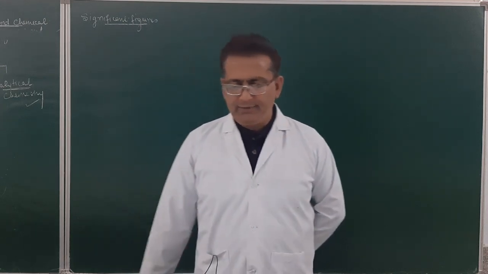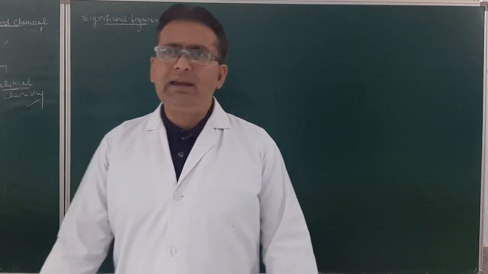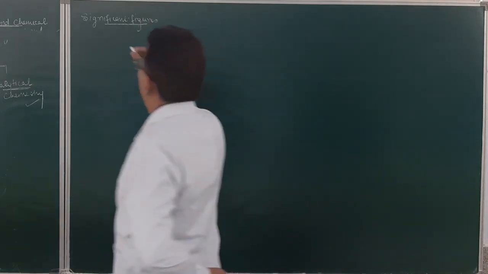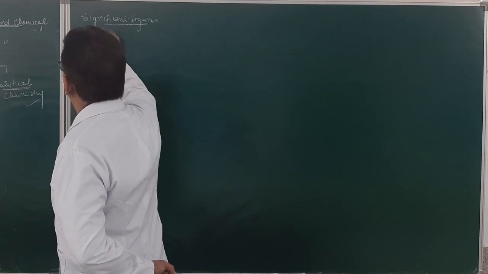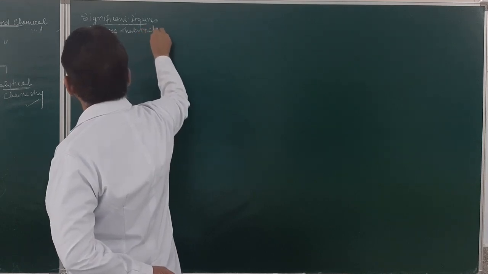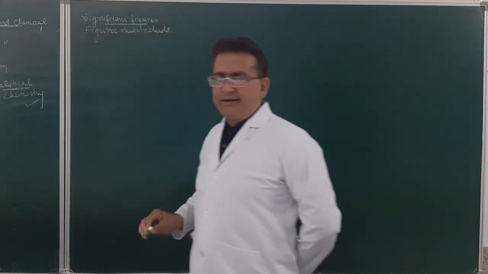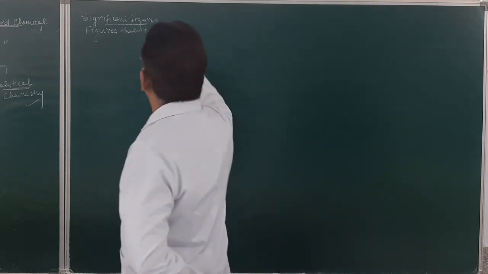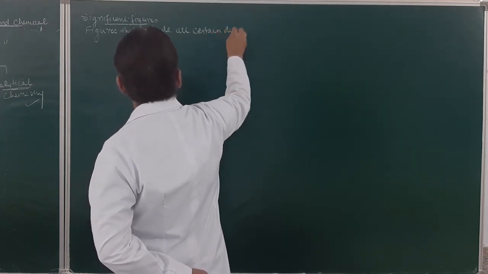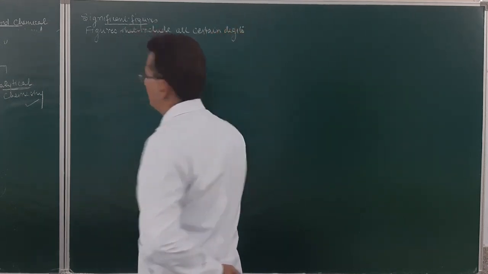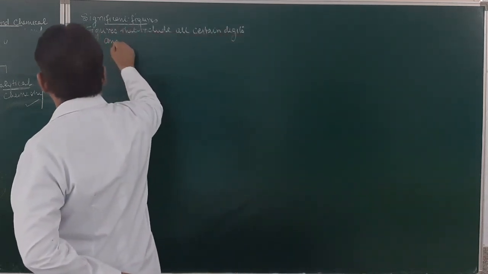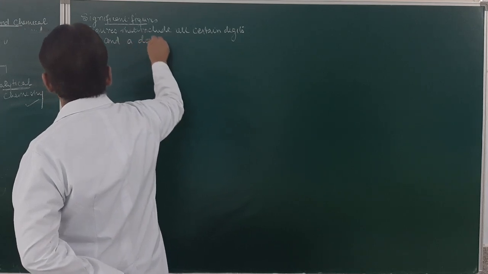So, all certain digits and a doubtful digit, any figure including this will be called significant figures.